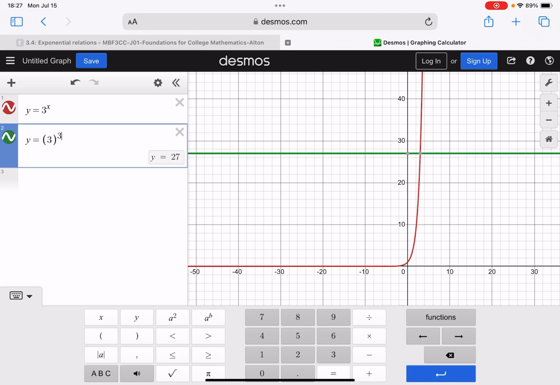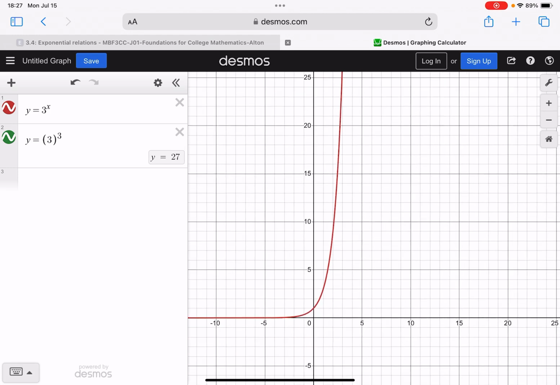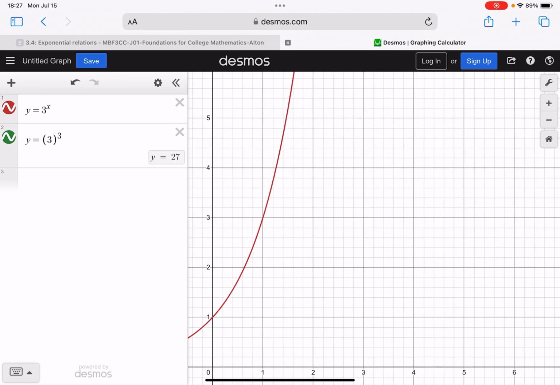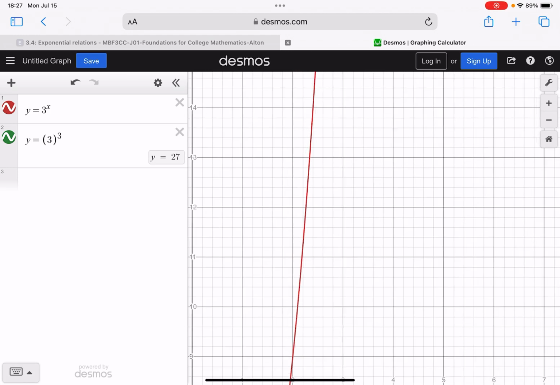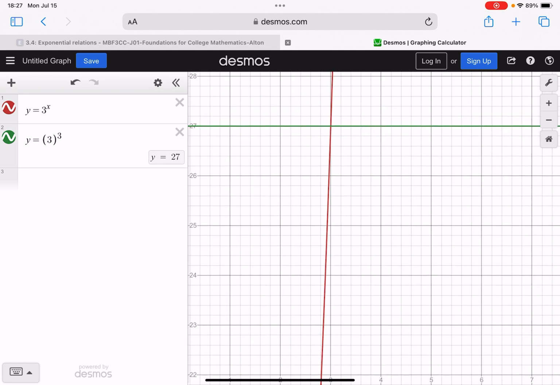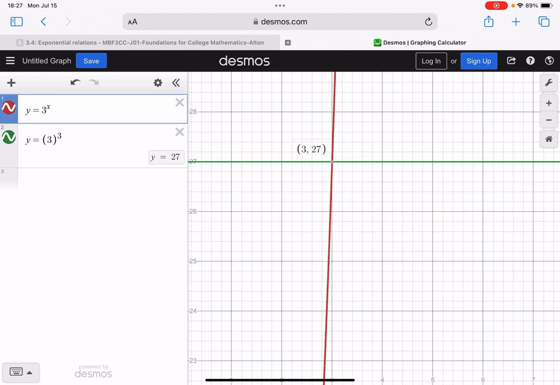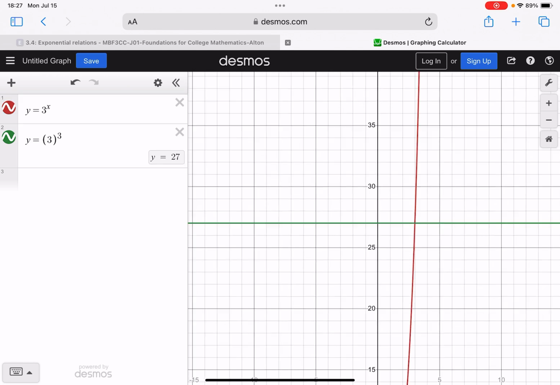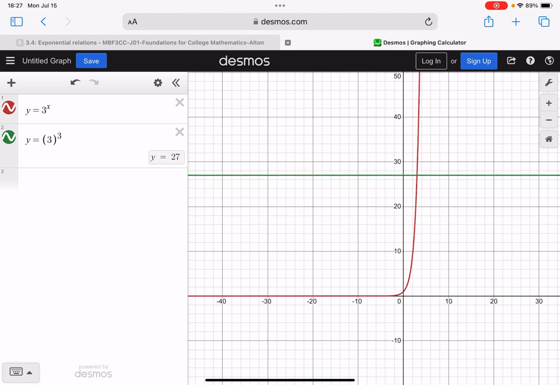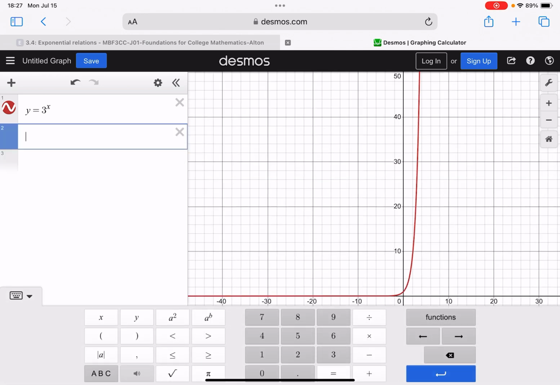So 3 to the power of 3 is 27. And look at that. As we zoom into x equals 3, we're going to be going up a while, of course, because we're accelerating. And that intersection point is (3, 27). You really don't need to do a whole lot of calculation for this part. It's mostly just comparing the different functions here.